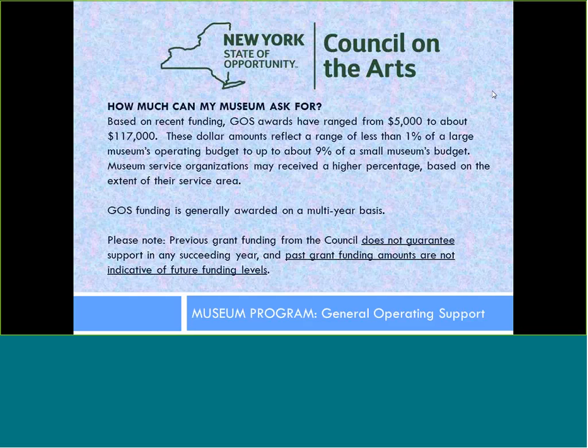That's why their award may be higher, because it reaches so many other organizations and so many people throughout the state. The determination of this is related to the evaluative process that we're going to discuss later, the amount of money that's in the budget, and the size of your institution. Your institution's operating budget is what is used to determine funding awards. It's kind of a sliding scale. Again, the larger the institution, the smaller the percentage.